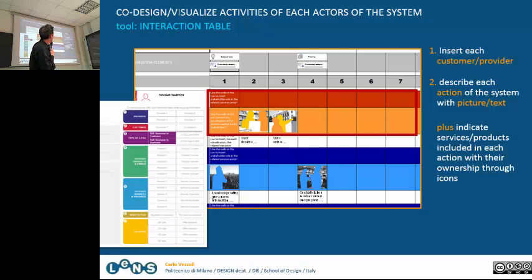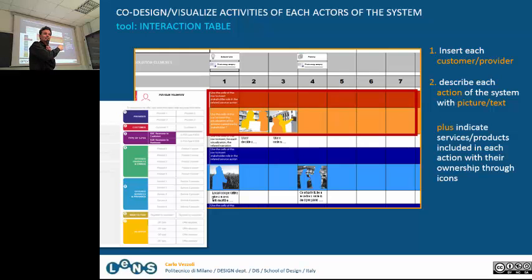And each action is described by a short text saying what an actor is doing, but also, because we like an image, there is a background with a silhouette of the actor. The silhouette has the same color as the actor, so it's easy to identify. This describes things in a more graphical way, and that makes it easier when you are co-designing with different stakeholders, so that they can see where they are and say, no, I cannot do that.